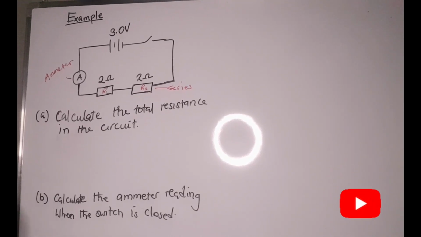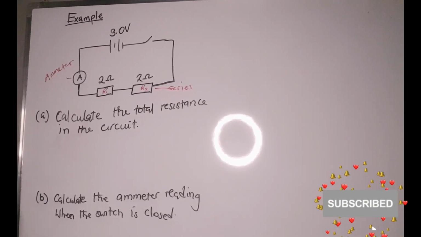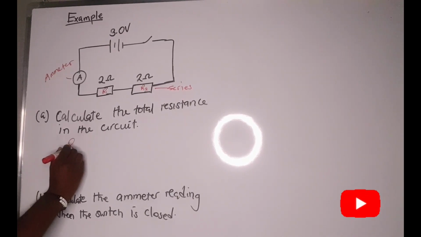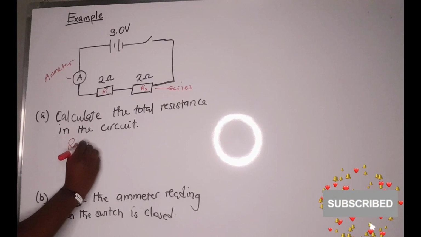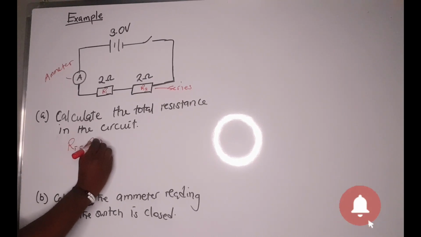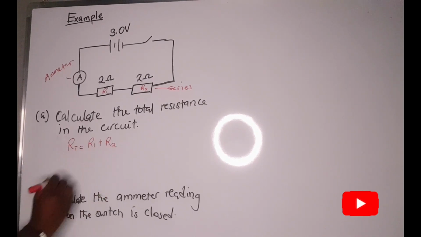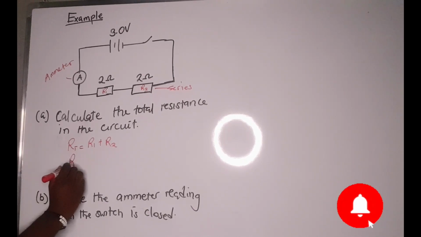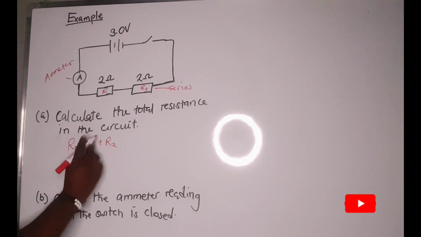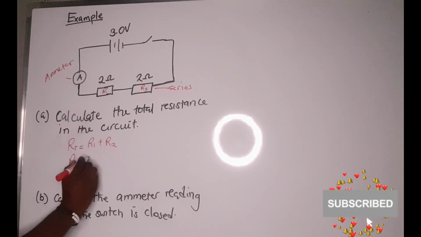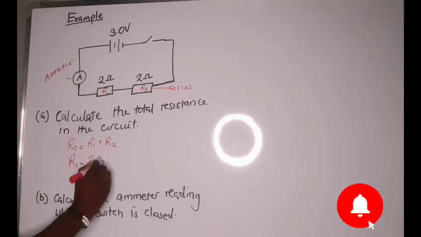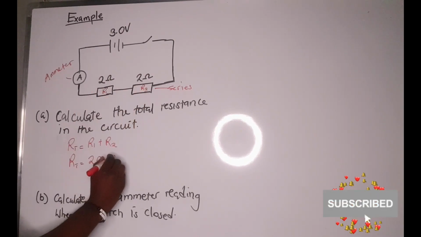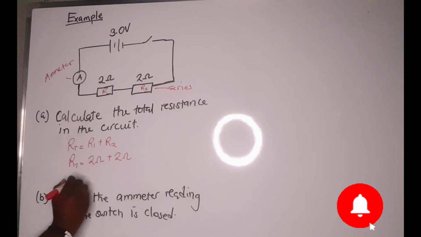In order to get the total resistance in the circuit, we say total resistance is equal to resistor 1 plus resistor 2. Resistor 1 is 2 ohms, then for resistor 2 we substitute, which is also 2 ohms.